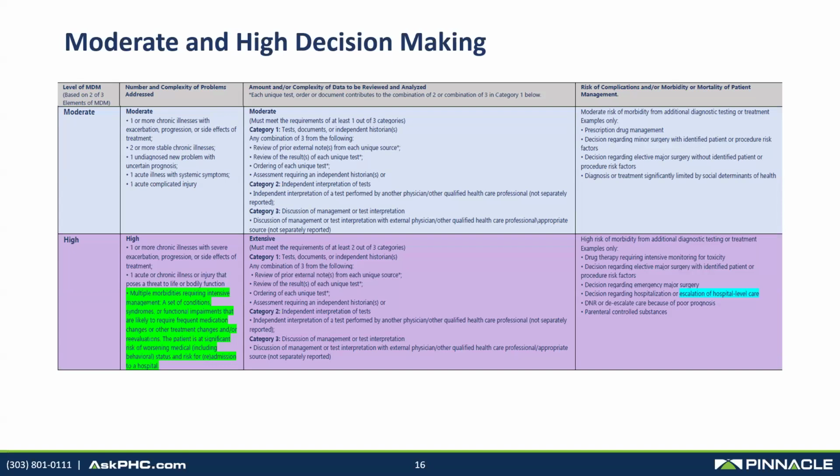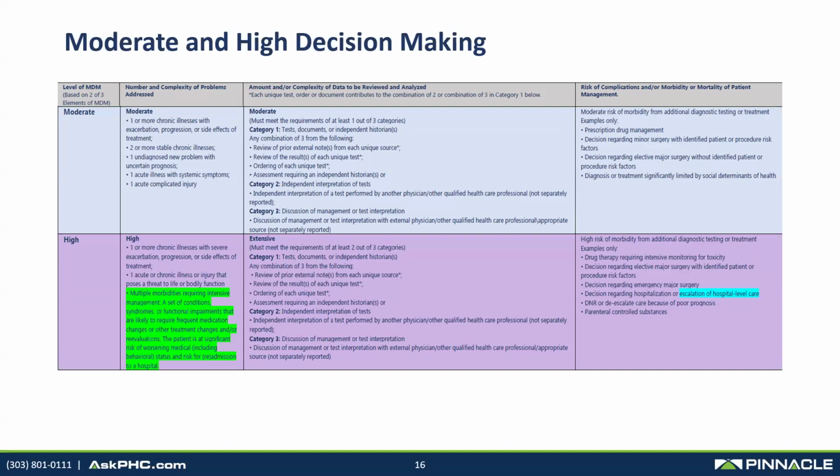So the patient's coming in, you're doing transitional care management, you're reviewing their hospitalist note, you're reviewing their nephrology note, you're reviewing all of those external notes from each unique source. You're reviewing results of testing that was performed. Let's say that you decide that you want to order some additional testing, or an assessment was required as an independent historian. So their caregiver, their husband, their daughter, their sister-in-law is giving the information to the provider.